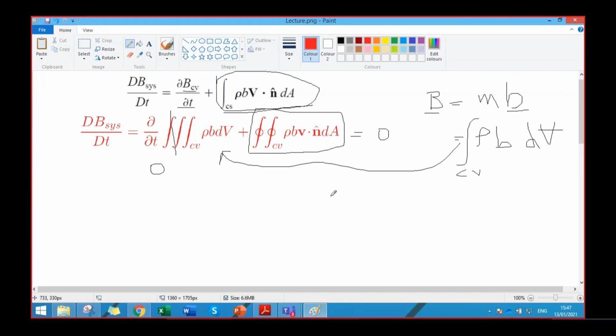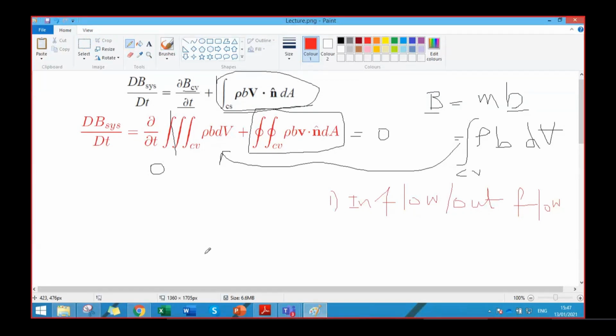This can be one scenario, when there is no inflow and there is no outflow. What can be another situation? Can there be another situation when this term is 0? Is there any other situation in which we can use this? Velocity is 0.